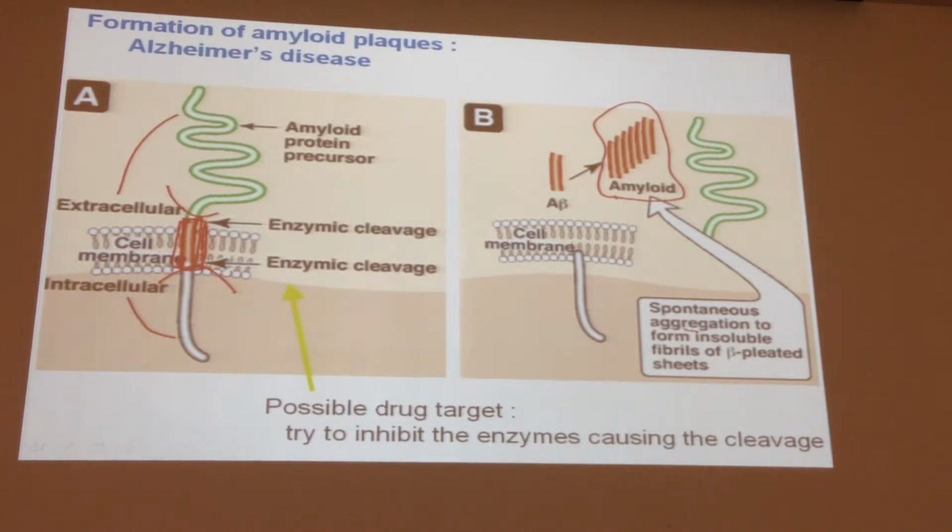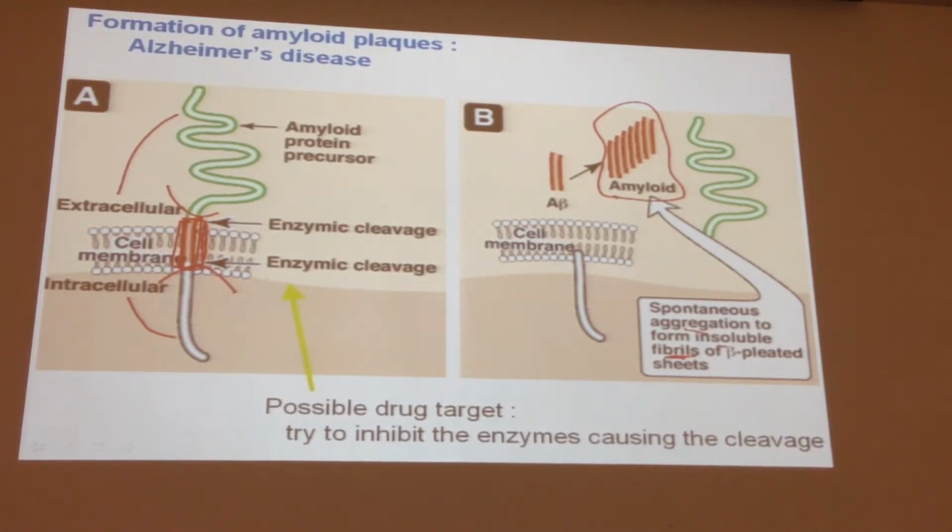So they aggregate to form these insoluble fibers of these sheets, and that's what then gets deposited in the brain and is believed to contribute to Alzheimer's disease. These deposits are observed in patients with the disease.